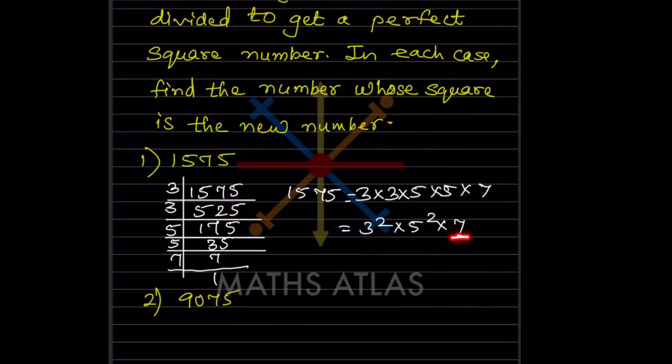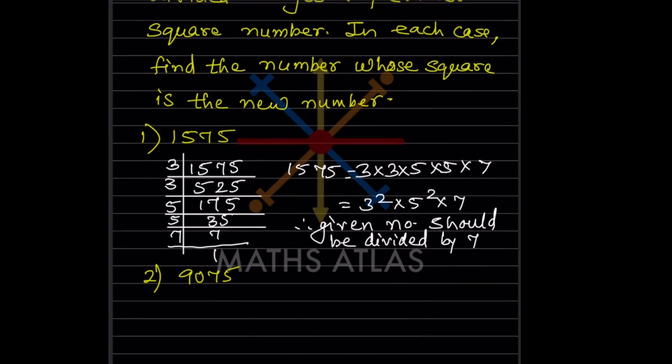So now again here, the new number should be here. What did they say? By which one it should be divided? There it was multiplied. So it should be divided by. Now see here, we have to remove this one. It should be divided by 7, because this is an extra number. So here this 7 is extra. So it should be divided by 7. So now what will you do? So we can write here, the given number should be divided by 7. So now how will you write this one?